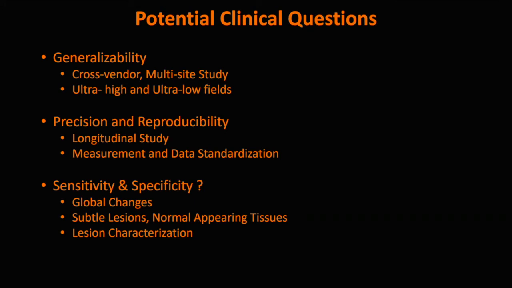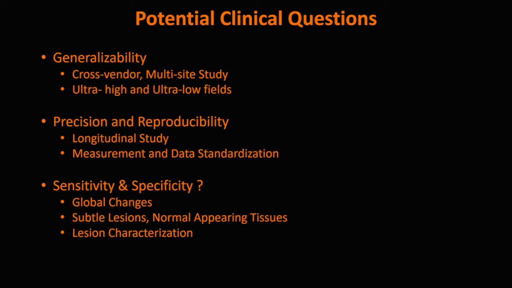And finally, it's more of a question whether the quantitative MR can provide higher sensitivity and specificity as compared to qualitative MR imaging scans. If we have quantitative numbers, are we able to identify global changes easier than qualitative scans? As I mentioned, qualitative measurements heavily rely on relative contrast or relative comparisons. If we have absolute numbers, are we able to identify global changes?